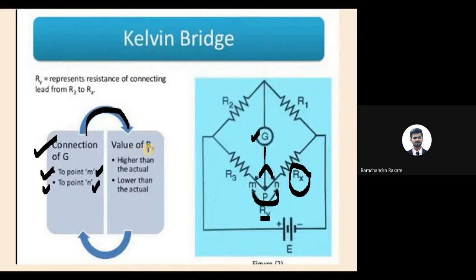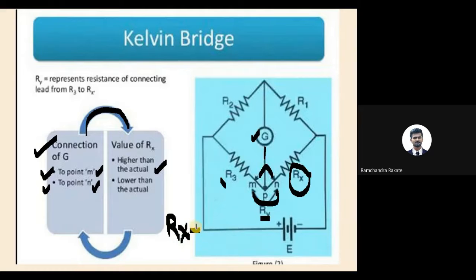So the value of Rx is higher than the actual. My previous value was Rx, now it will be Rx plus Ry. If my knob is at point N, the value of Rx will be different.